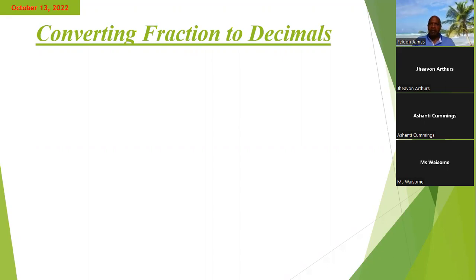Anybody recall we did the conversion from decimals to fractions? All right, if you cannot recall, let me do a few of those so that it's a general idea. And then we will convert from fractions to decimals, all right?